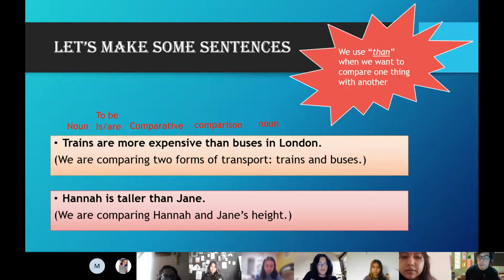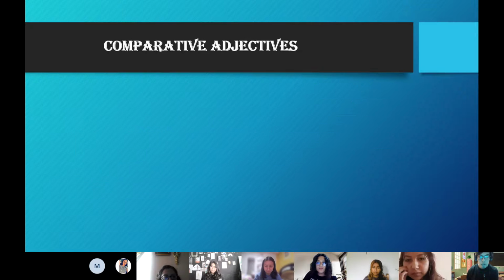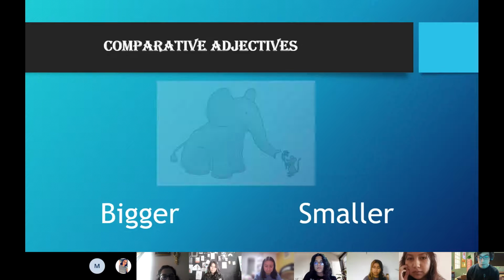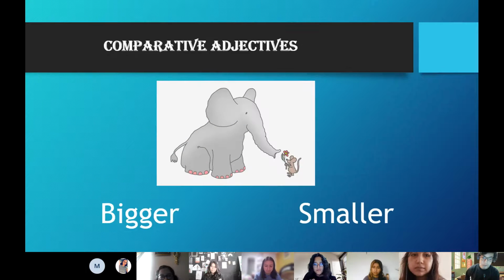Yes, thank you so much. That's the structure for these sentences. So here we are going to work with this. Can you tell me a sentence using these comparative adjectives? Just one. For example, I'll go first. The rat is smaller than the elephant. Somebody help me with the other word.